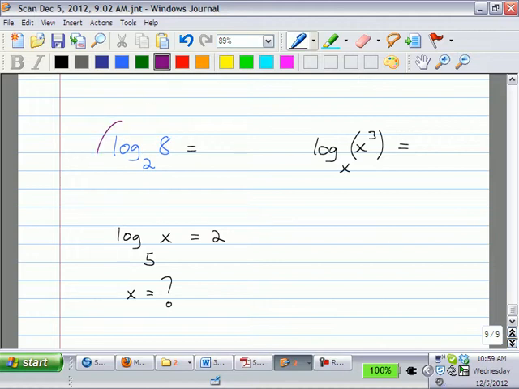So when I give you this, you're not sure what the answer is. At this point, the first one there, you should be able to get the answer without a calculator. What's the answer there?